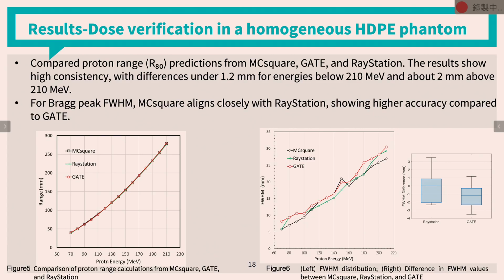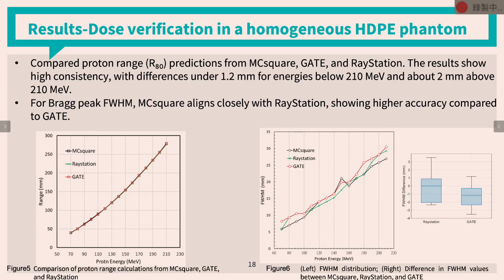And about figure 6 regarding the Bragg peak FWHM, MC² aligns closely with RayStation, with the median difference near 0 millimeter, and the IQR is 1 to 2 millimeter.